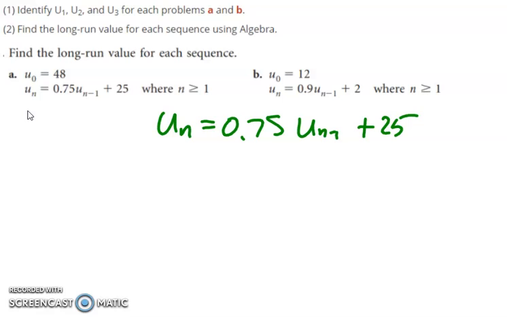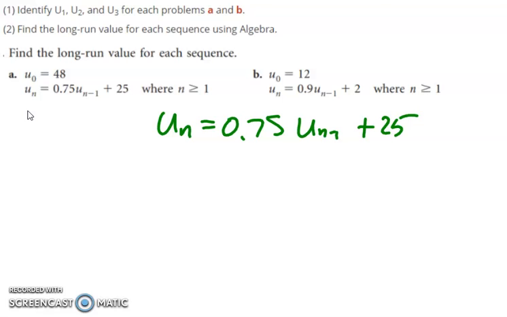If I am trying to figure out where the set of answers is approaching, that means that U of n and U of n minus 1 are going to get so close together that a calculator or even a spreadsheet, as I've demonstrated in class, the answers will get so close together that eventually they will become the same number, just because the computer can't distinguish the difference because of the rounding.